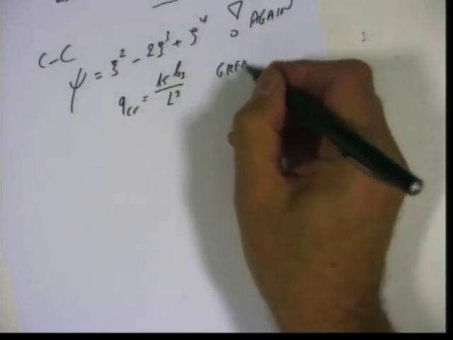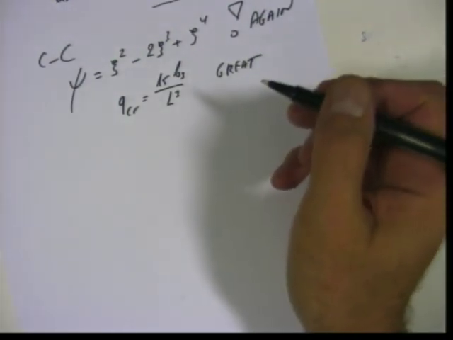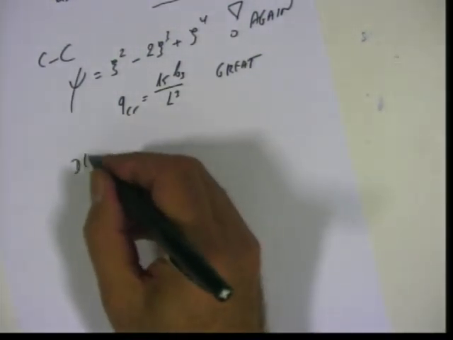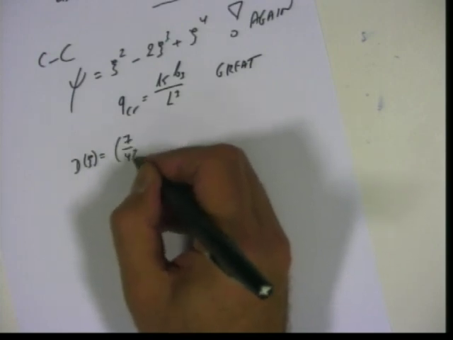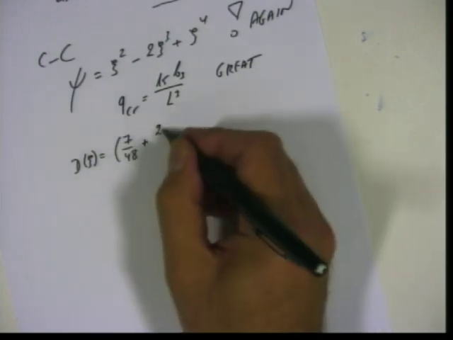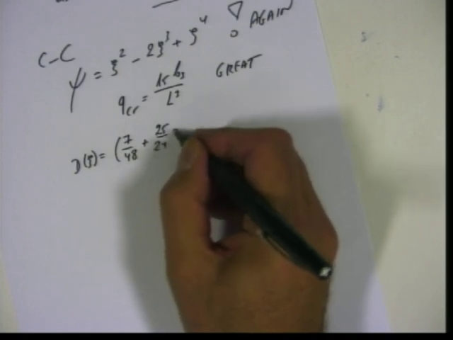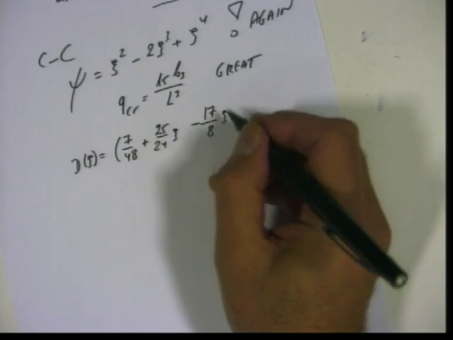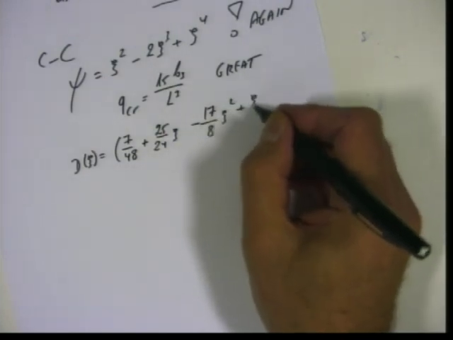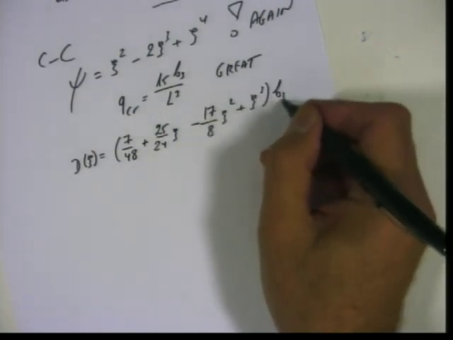Great. D of xi is more complex. D of xi equals 7/48 plus 25/24 xi minus 17/8 xi squared plus xi cubed B3.